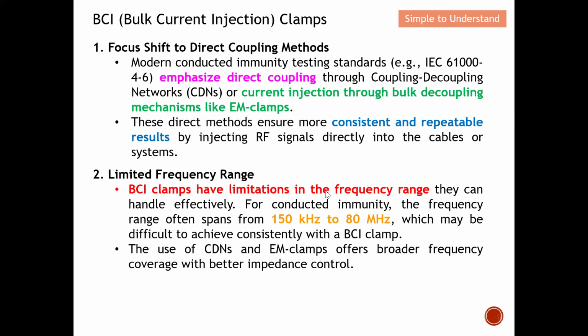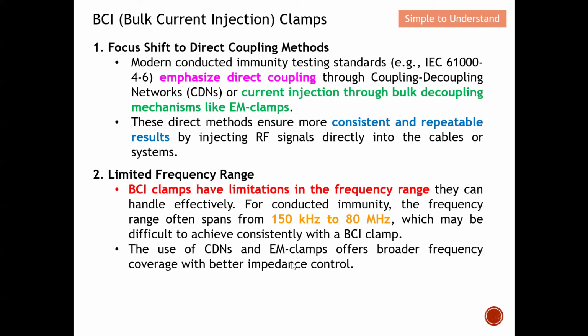Hence, nowadays conducted immunity often spans from 150 kilohertz all the way to 80 megahertz, which is quite a large range of frequency. So it may be an issue to achieve consistency when you do conducted immunity using this BCI clamp. The use of CDNs and EM clamps offers a broader frequency coverage with better impedance control.